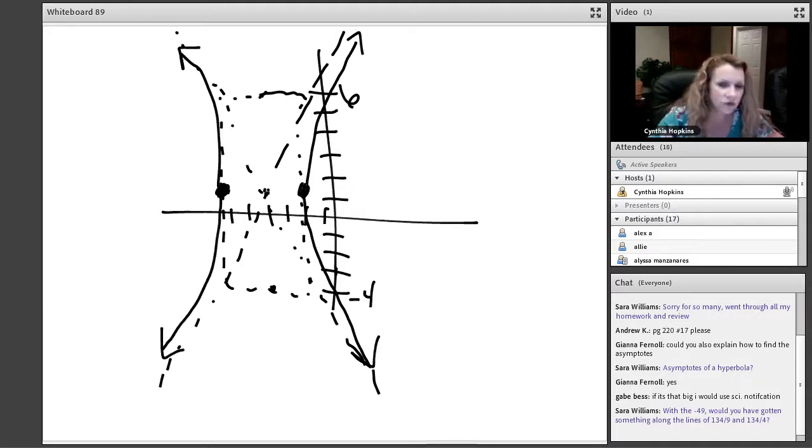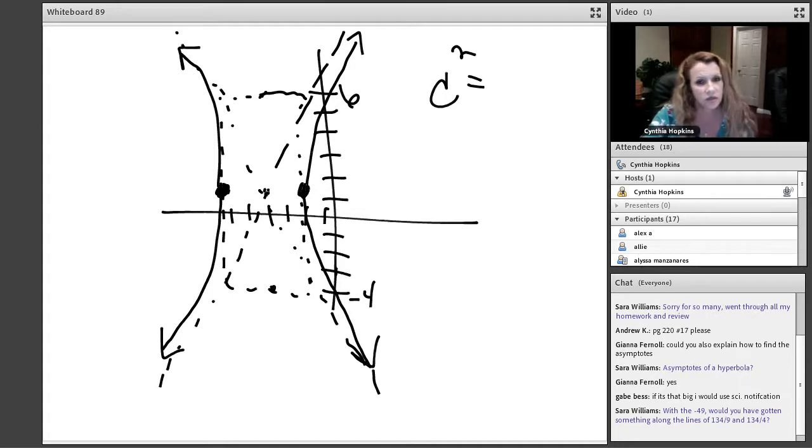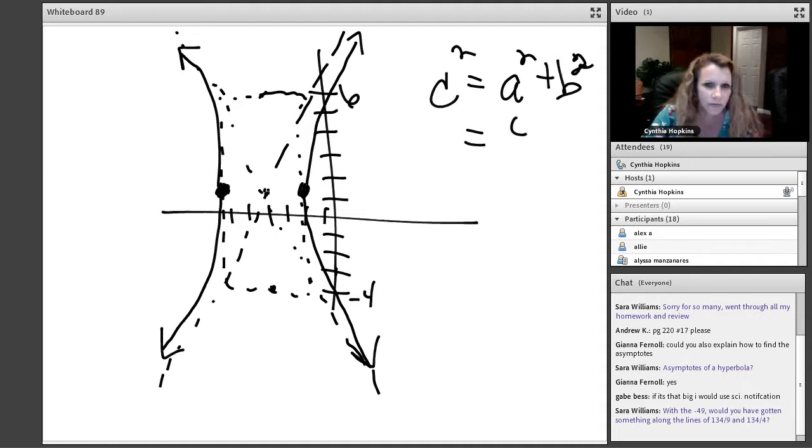And now I'm going to solve for c. C squared, since the equation for a hyperbola has a minus sign in the middle, this is going to have a plus sign in the middle. So c squared equals a squared plus b squared. Since it's a plus sign, I don't have to worry about which one's smaller or larger. And so my two denominators are 4 and 25.